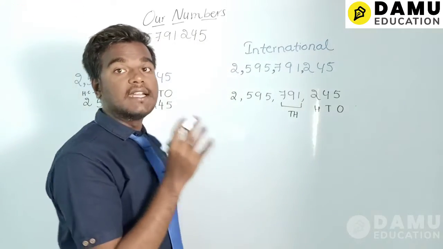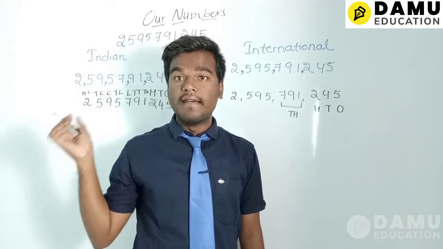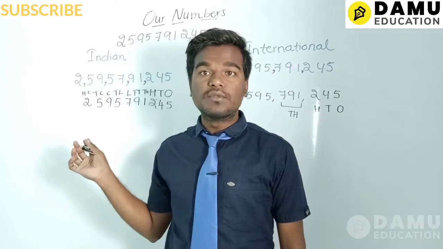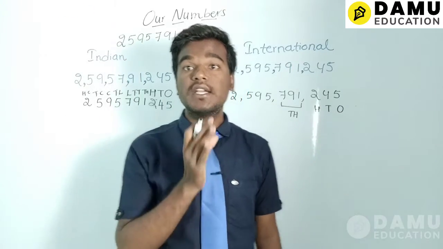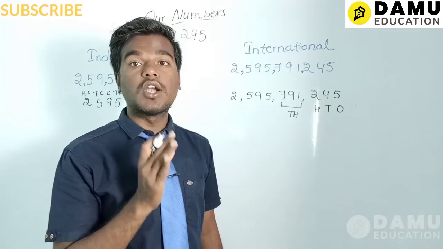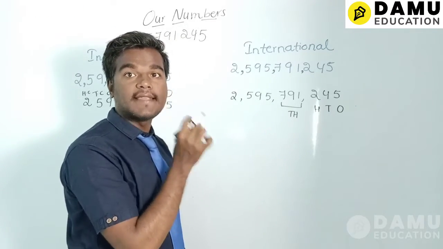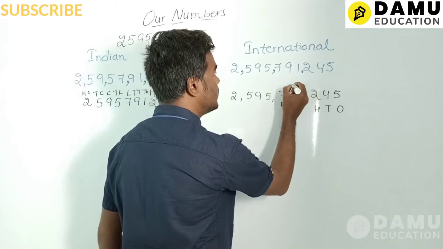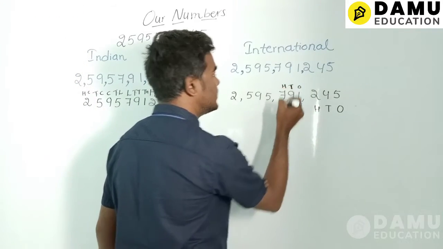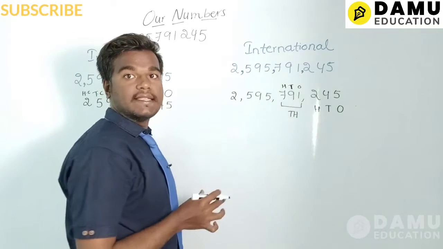In the Indian system, for every digit you will have a place value with a different name. But in the international system, it is not like that. For every set of numbers, we will have ones, tens, hundreds. That is here ones, tens, hundreds. This is completely the thousands place.